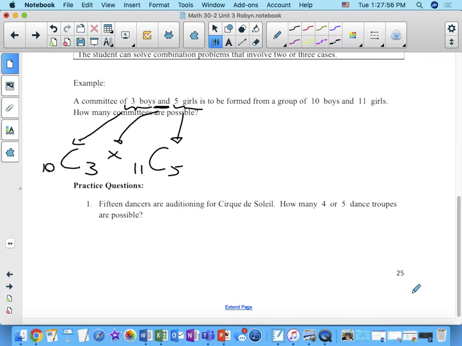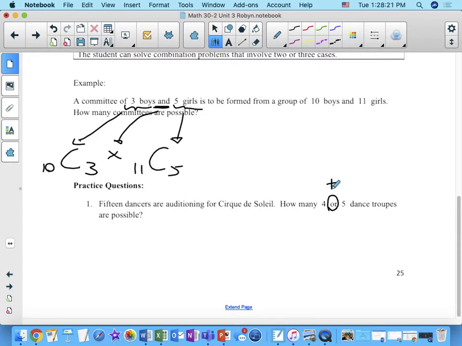Okay, well, which situation are we in here? The add or the multiply? Add, yes. Okay, so we've got to figure out how many 4 person dance troupes are possible.